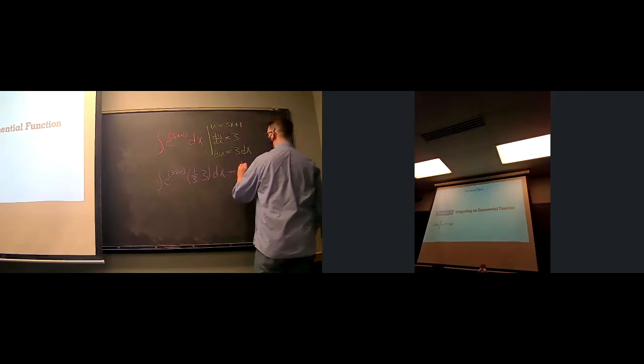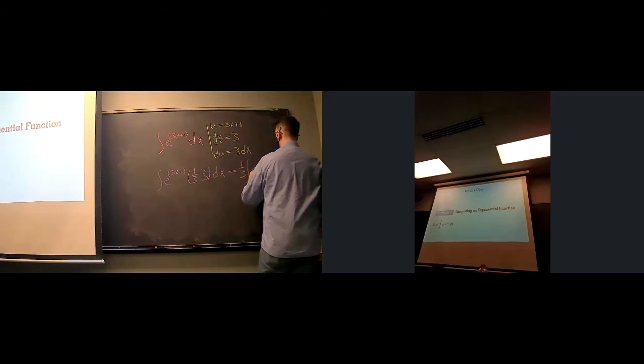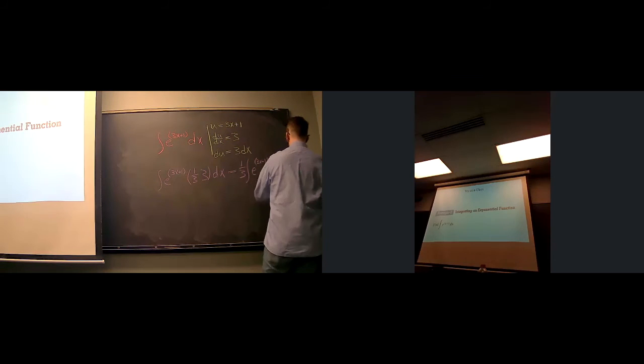That's going to give us 1 over 3 e to the 3x plus 1 times 3 dx. Substituting now, we're going to get 1 over 3, the integral of e to the u du.